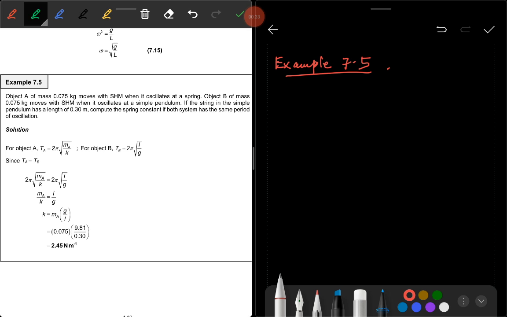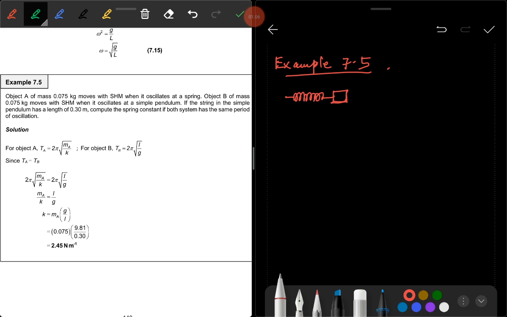One condition is about the oscillation of a spring. The mass is attached to the spring and it oscillates with simple harmonic motion. Another one is the object with the same mass moving on a simple pendulum. There are two situations here.